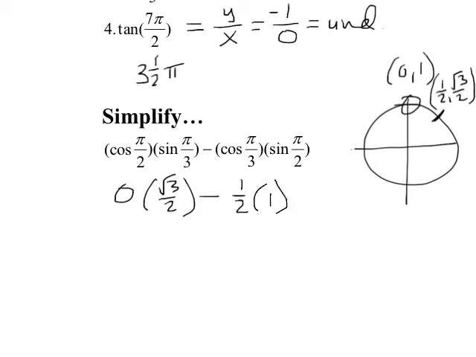So what does all that equal? Negative 1/2. So I can give you some complex looking trig expressions just like that, and again, using your knowledge of the unit circle, you should be able to come up with all these different values.